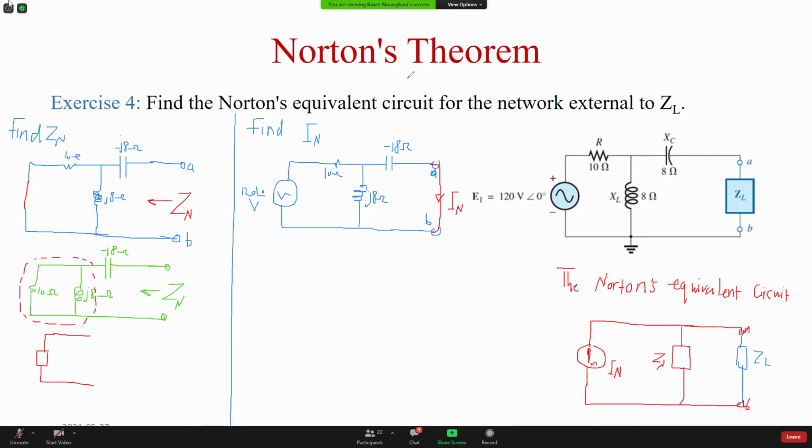Then what I have left is the same thing. This capacitor and this is Zn. And this is minus J8 ohm.